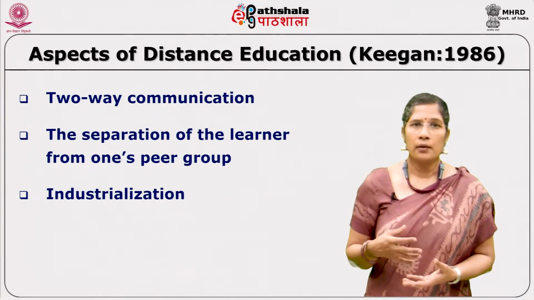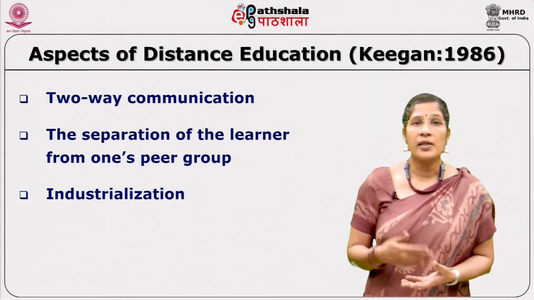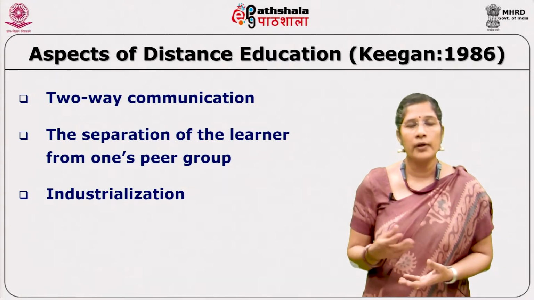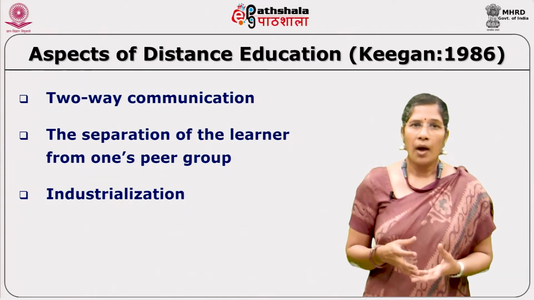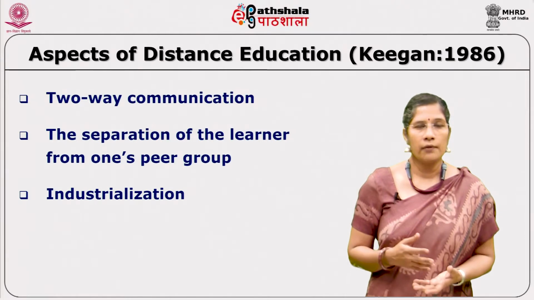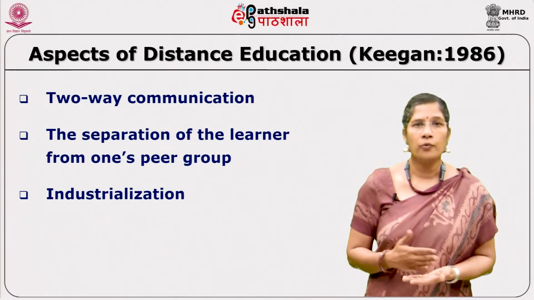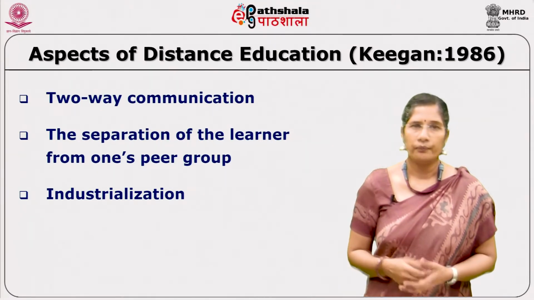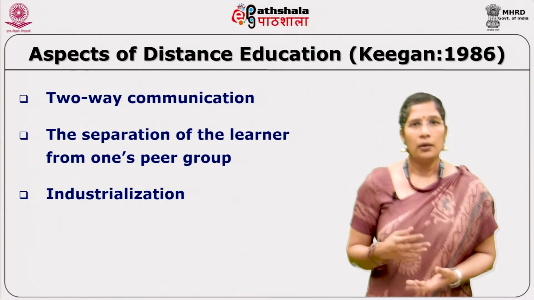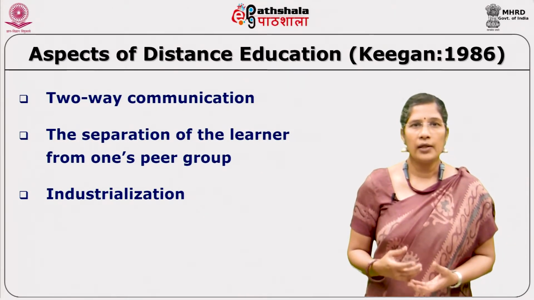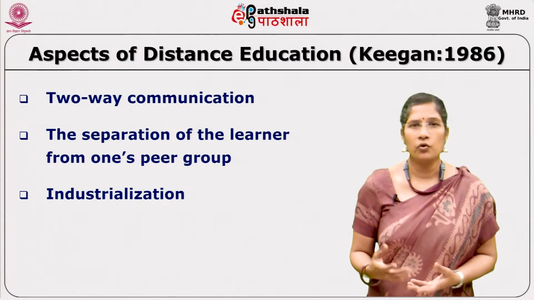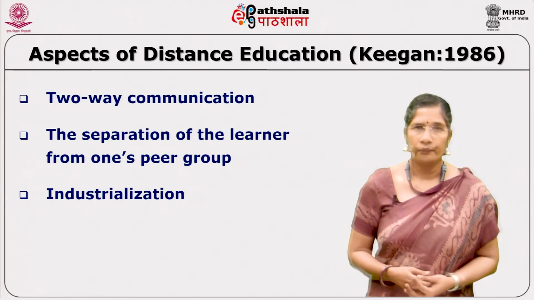This demands working at mass scale and not on a smaller scale. This mass scale feature is very much parallel to the concept of industrialized form, and that is why the feature of industrialized form is one of the important features of distance education.